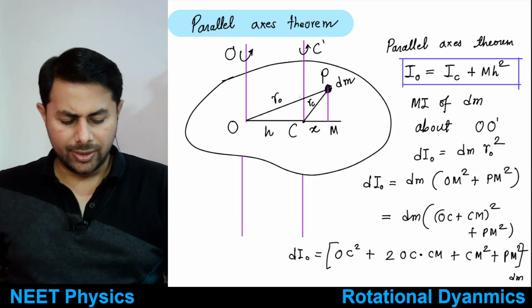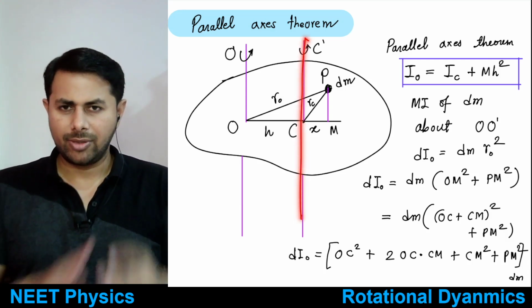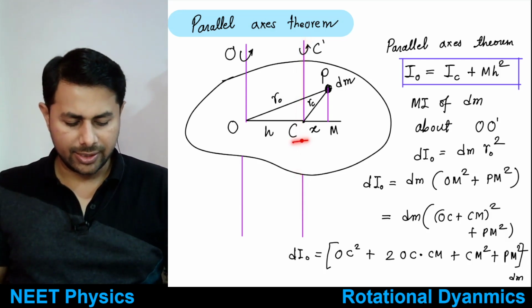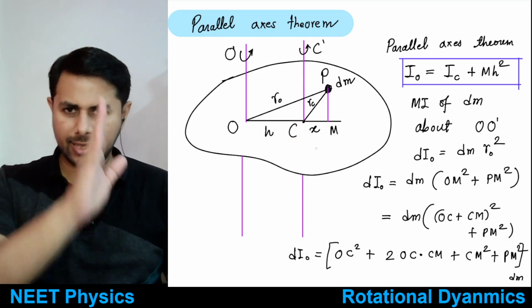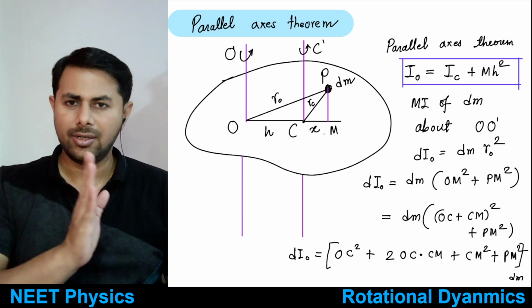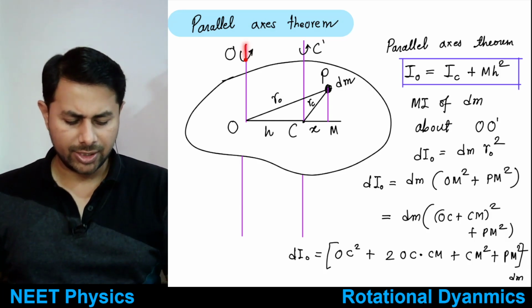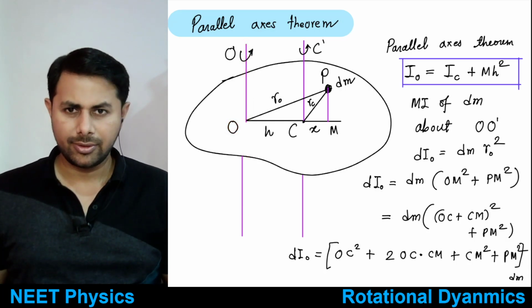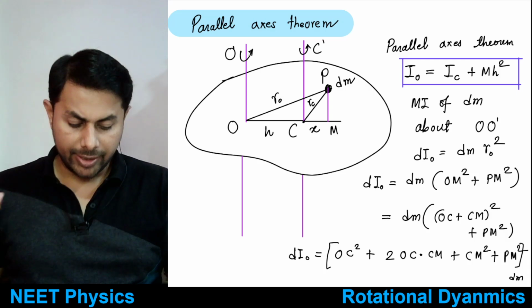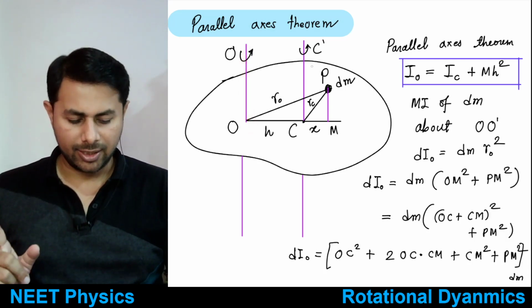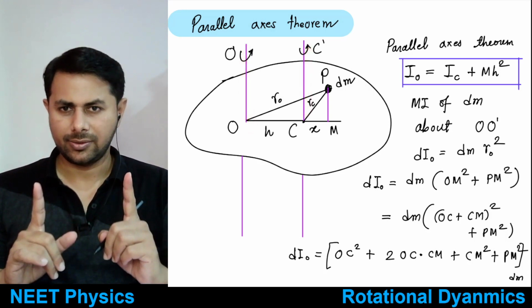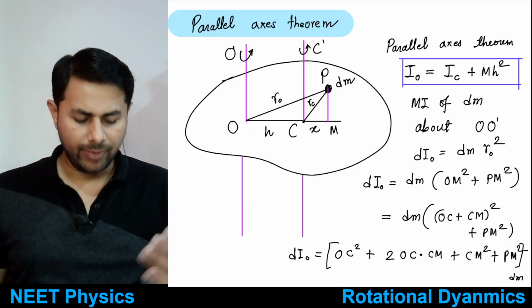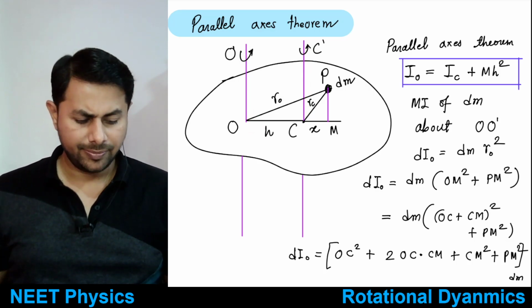You know the moment of inertia about this axis, you call it IC, because this axis passes through the center of mass. Then you want the moment of inertia about an axis which passes through some point O, but is parallel to the first axis. How can you find it? It's very simple.